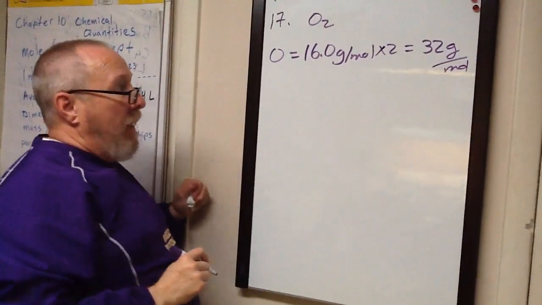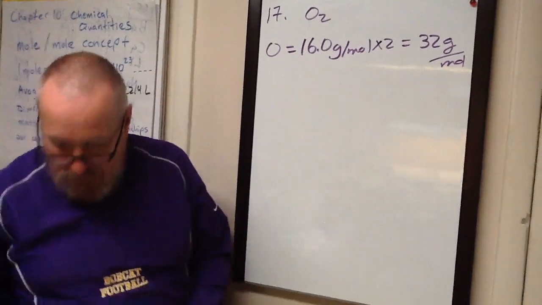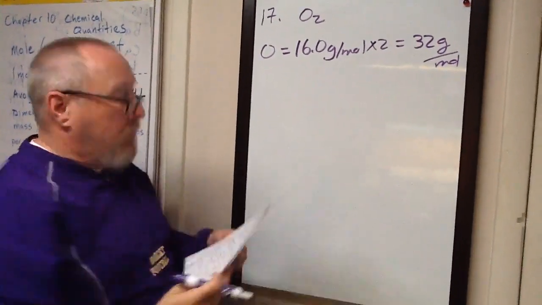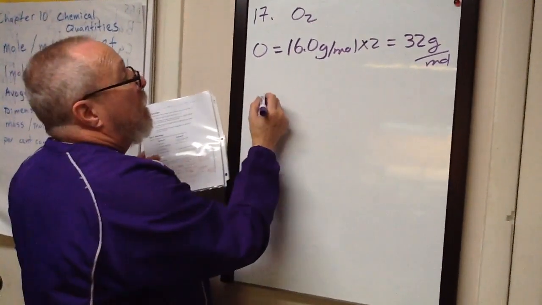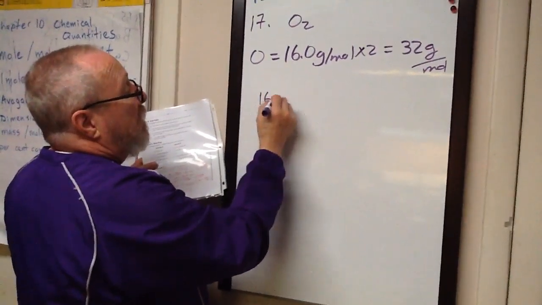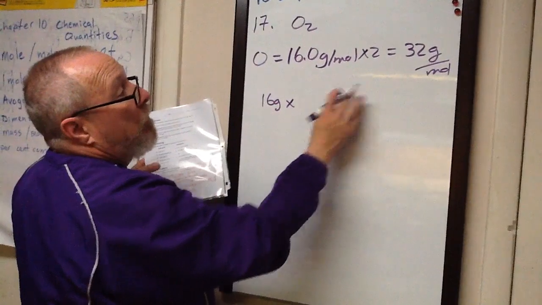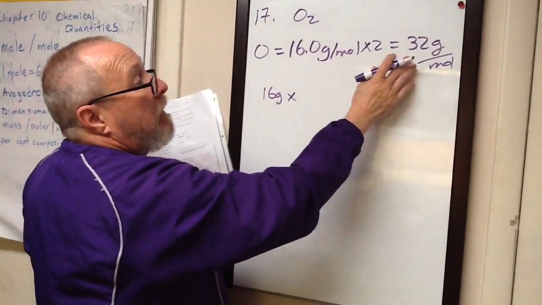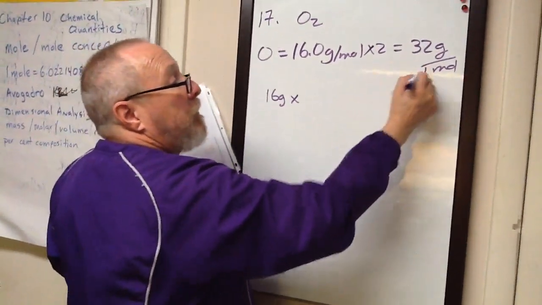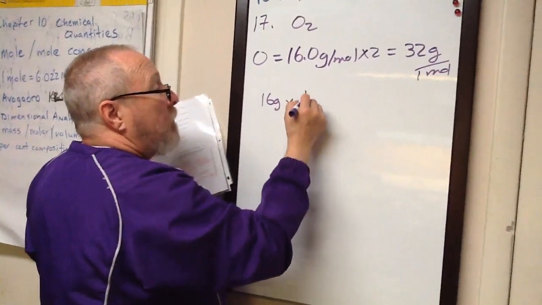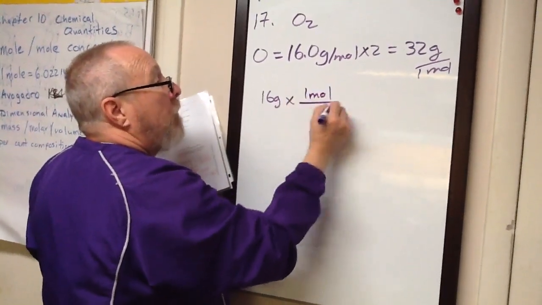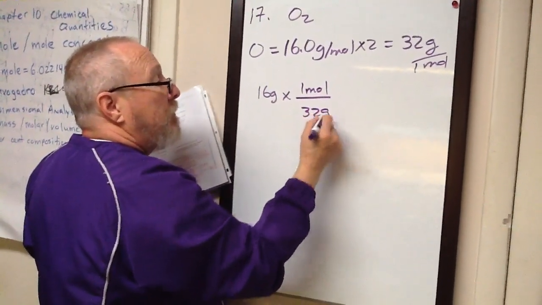Okay? Now, it said how many moles are in 16 grams. So, I have 16 grams times, I want to get rid of grams and convert it to moles, so I'm going to multiply by 1. This is 32 grams per 1 mole, but it's also 1 mole per 32 grams.